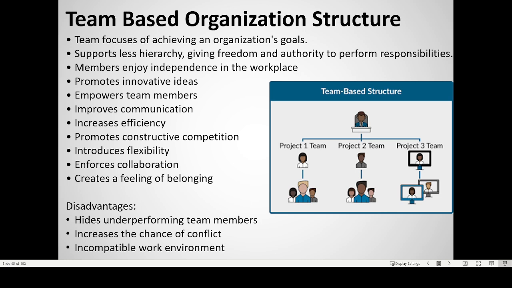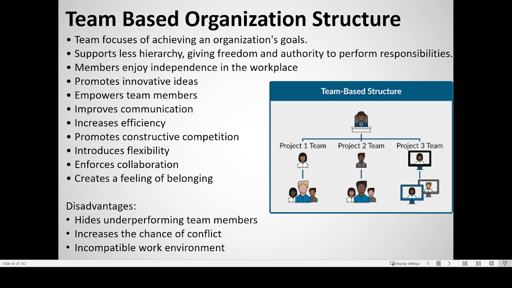It is where we need to achieve a specific goal or objective. Supports less hierarchy, giving freedom and authority to perform responsibilities. Members enjoy independence in the workplace. They are independent because they are working in a team.